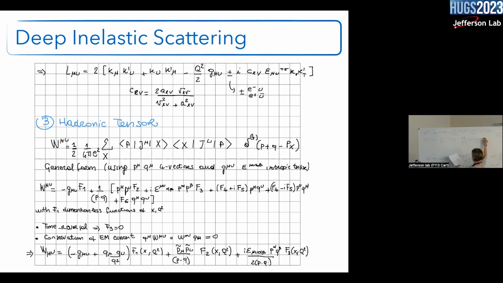And then you have plus i epsilon mu nu alpha beta P alpha Q beta, and the F3, okay? Very good. Where P tilde is the shifted momentum.